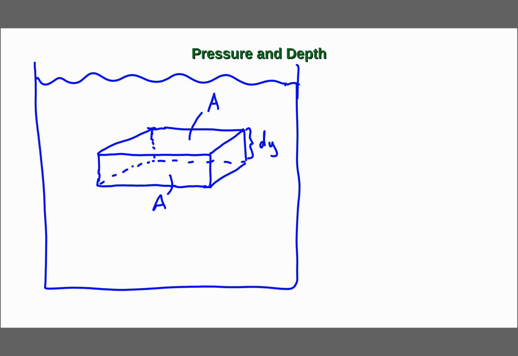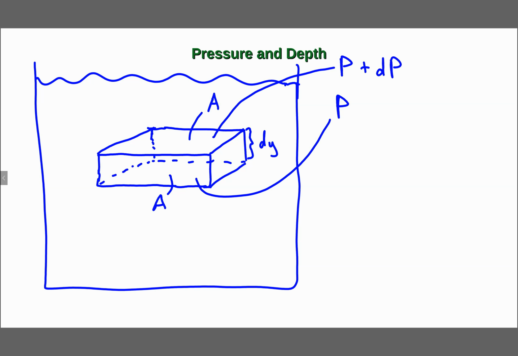So it's going to have a force acting on the lower surface here from pressure, right? Pressure is going to act normal to the surface, just like it does to every other surface. So this little portion of the fluid that we're considering is going to have some pressure pushing up on the bottom. If we call that pressure on the lower surface P, then we can call the pressure on the upper surface P plus dP.